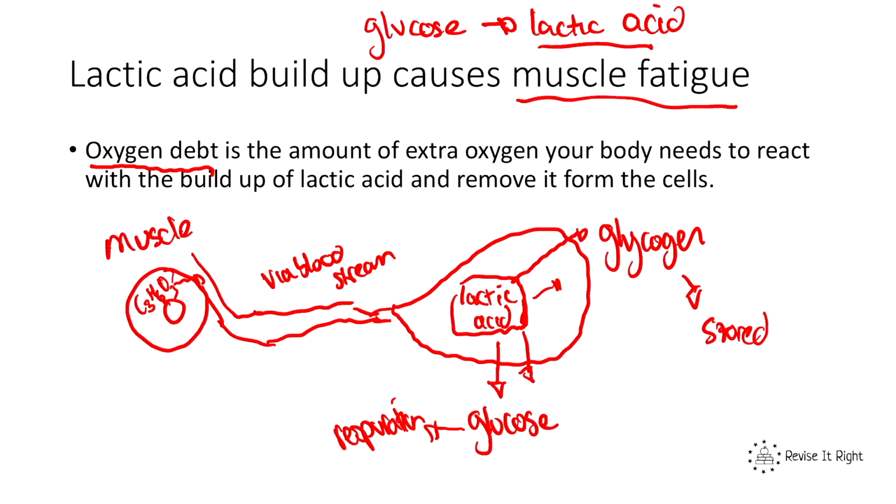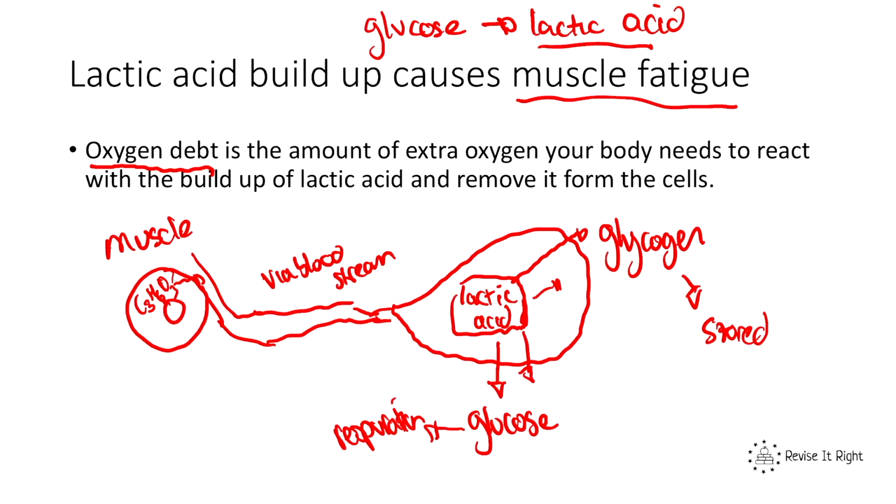Now, imagine when you go running, you do a very short run, but you sprint. After that run, you're puffing and panting. But really, you should be asking yourself, why am I still puffing and panting if I no longer need oxygen? I'm no longer moving, therefore, why do I need oxygen so much? And it's because of this thing called oxygen debt.